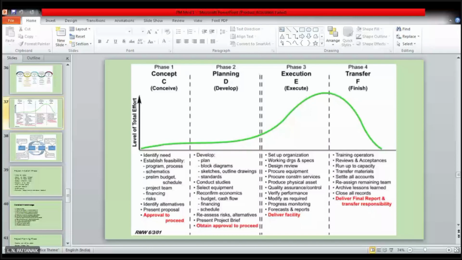Okay. So this green line, as you can see, is just telling us that with time, as you progress in the life cycle of a project, you have to put in various degrees of effort or involvement. So the first phase, which is the concept or conceive stage, just the idea is there.